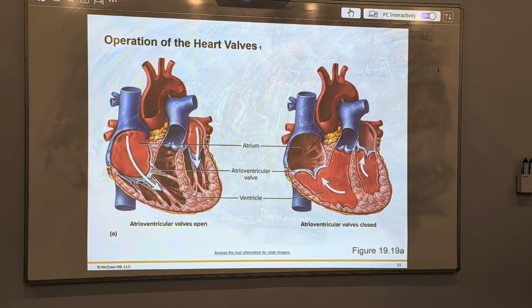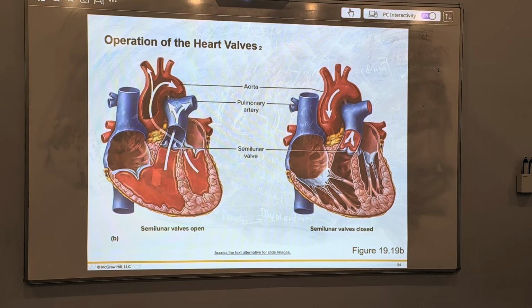If the volume is high, the pressure is low. And fluid moves from area of what to what? Higher to lower. High pressure to low pressure, always. And you see now, this semilunar valve opened because ventricles are high pressure, low volume.